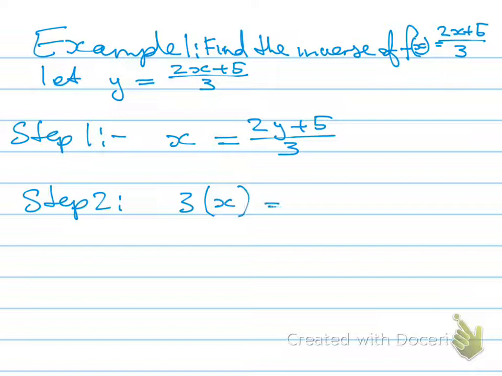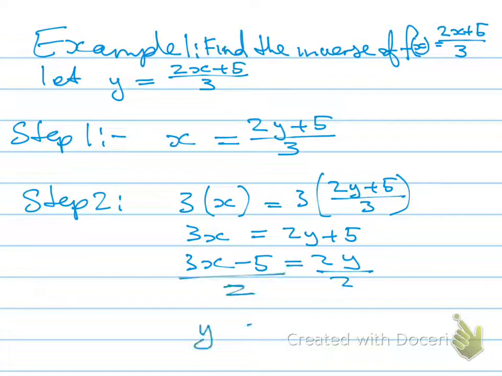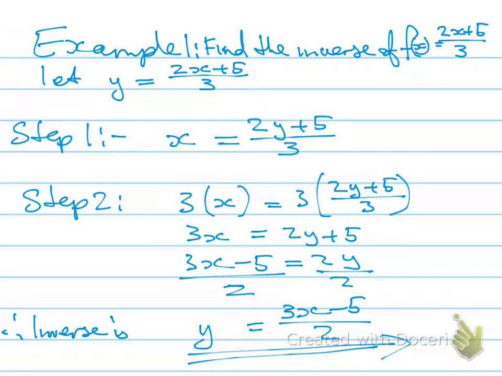That is your algebraic manipulation, your skills of algebra. You solve for y. First multiply both sides by 3, because the inverse of division is multiplication, and the inverse of subtraction is addition. So your inverse function becomes y = (3x - 5)/2. What kind of equation is that? That one is a linear equation. Let's look at another example.